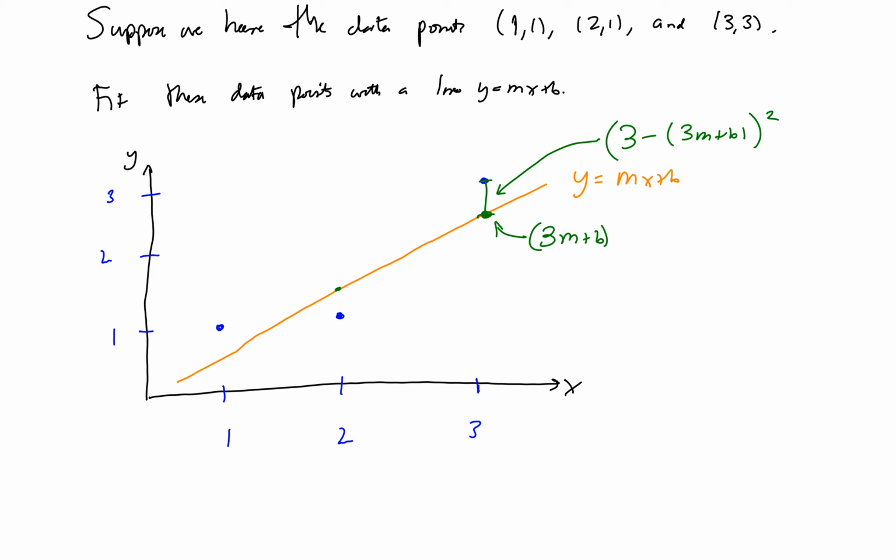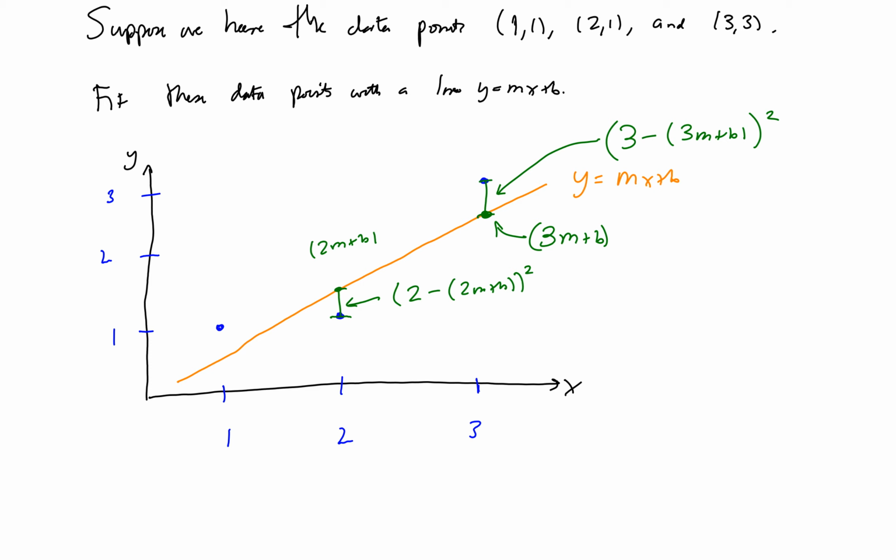And similarly for this one, we could say this is 2m plus b. So this distance, since we square, the sign doesn't matter, so I could say this is 2 minus 2m plus b, the entire thing squared, and so on for the other one.